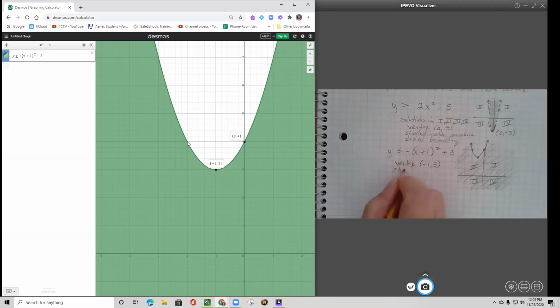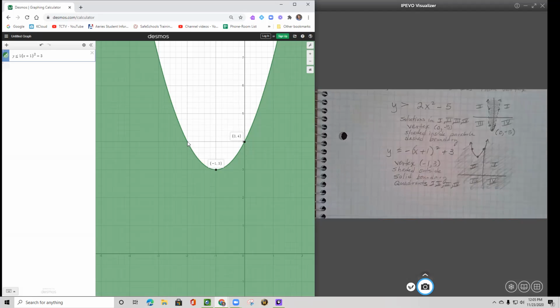I shaded outside the parabola. I used a solid boundary. And my solutions are in quadrants 1, 2, 3, and 4.